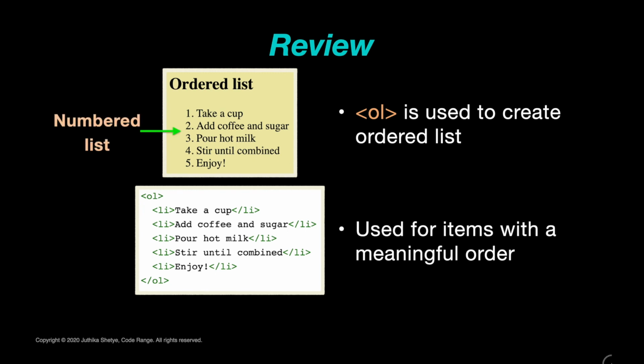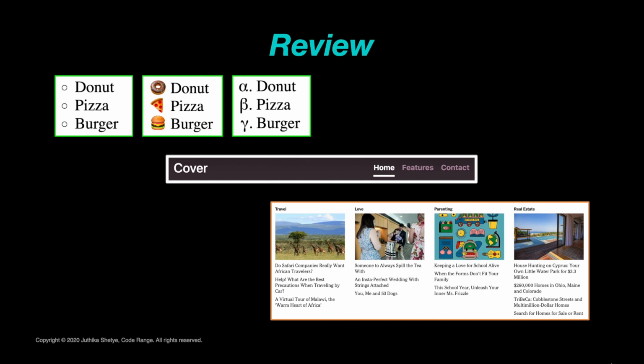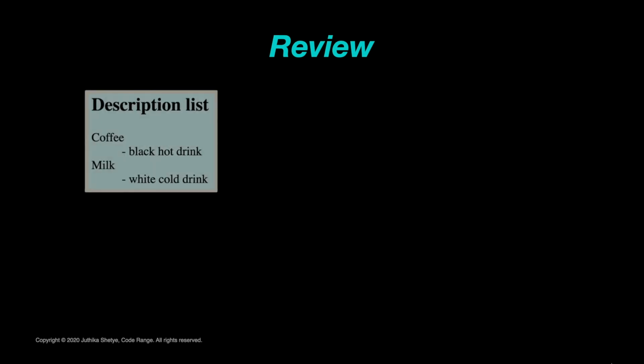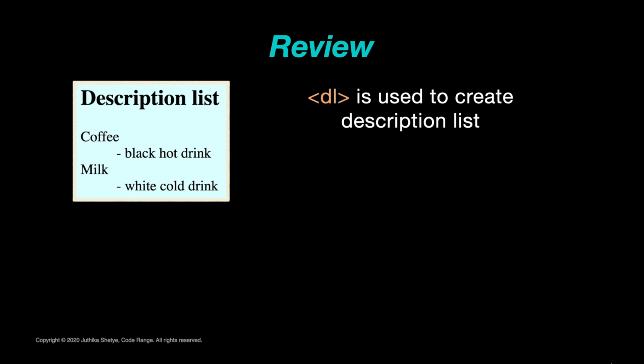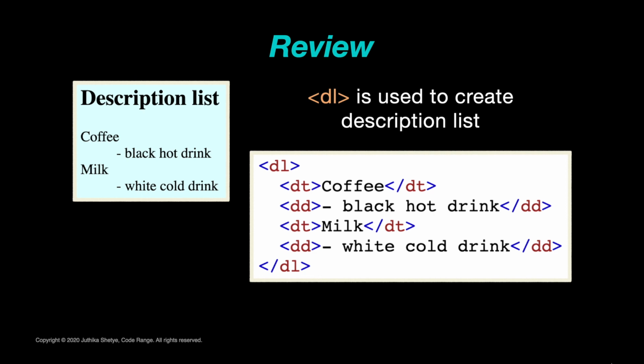It is typically rendered as a numbered list. CSS can be used to restyle any list to look very different from the default styling. The DL element represents a description list. It encloses a list of groups of terms specified using the DT element and descriptions provided by the DD elements.